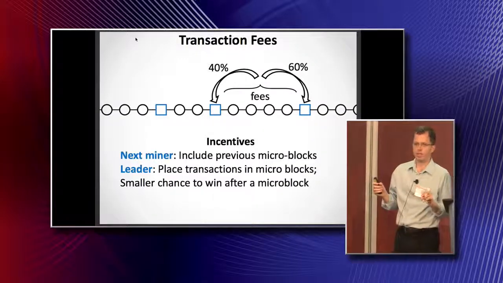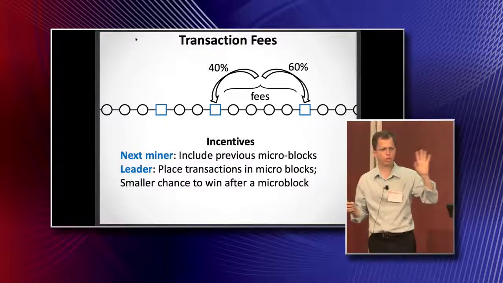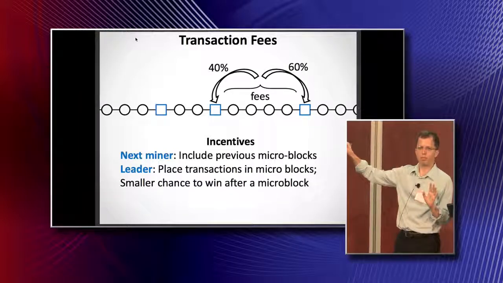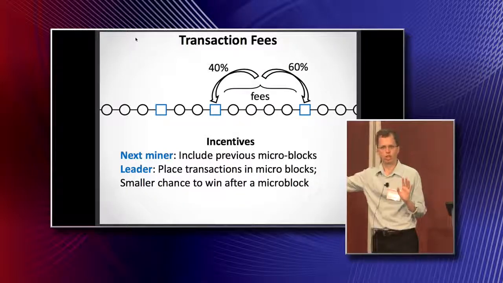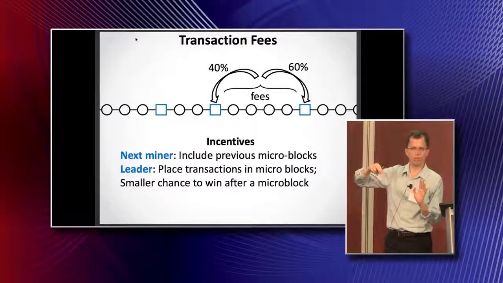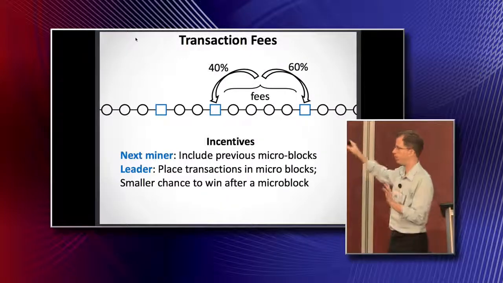Now, fees. Each key block gives the usual subsidy with whatever way you do it. And we need to talk about the fees from the transactions. And the fees are distributed as follows. You have 40% going back to the leader and 60% going forward to the next miner, the next leader.